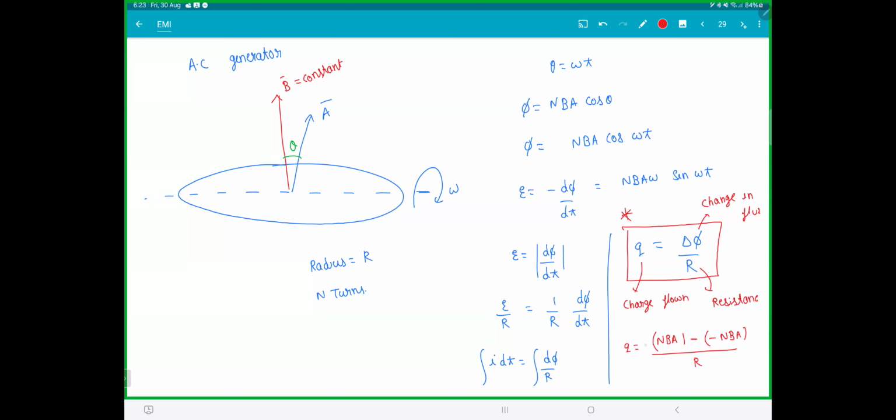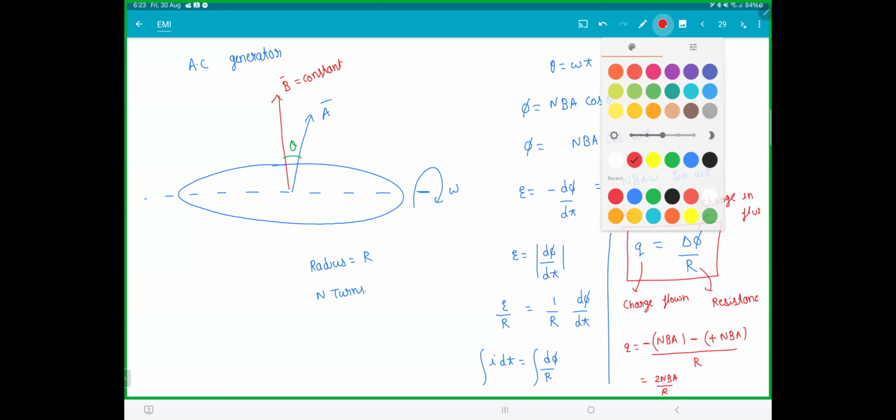I'm just taking the magnitude. Final flux minus initial flux by resistance. Clear? That would be a straightforward mains level question or a BITS one.